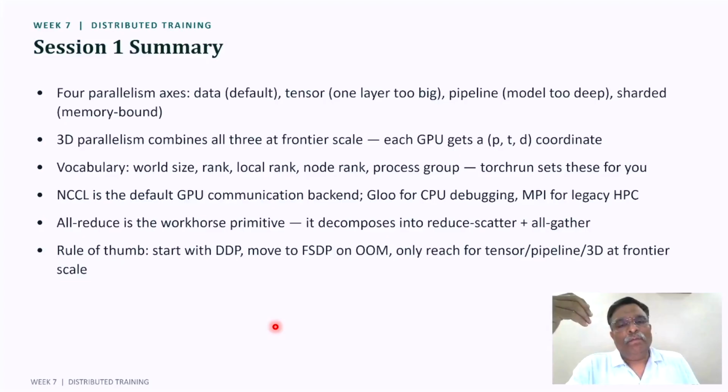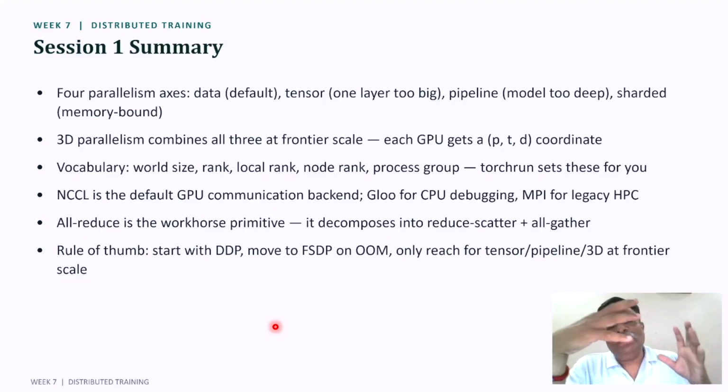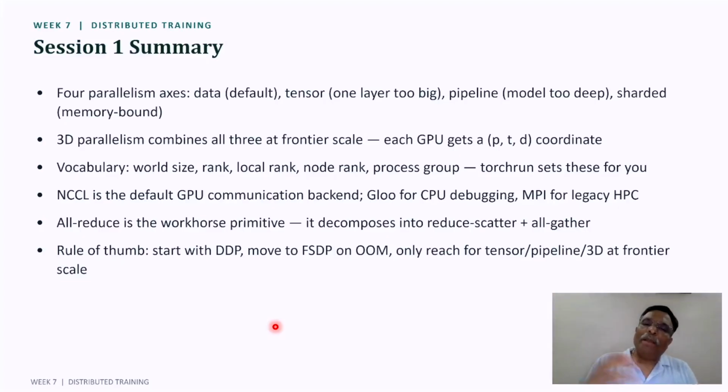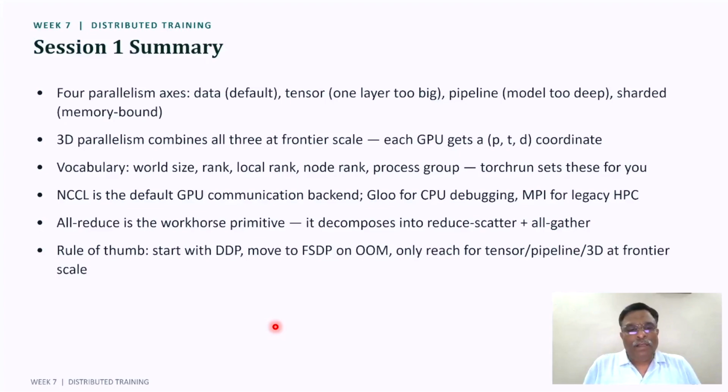We basically start with distributed data parallelism and then shift our focus towards tensor parallelism, pipeline parallelism, and all the types of parallelism, the frontier scale thing. So this is what was there for the distributed training introductory session 1. We will all meet in session 2. Thank you.